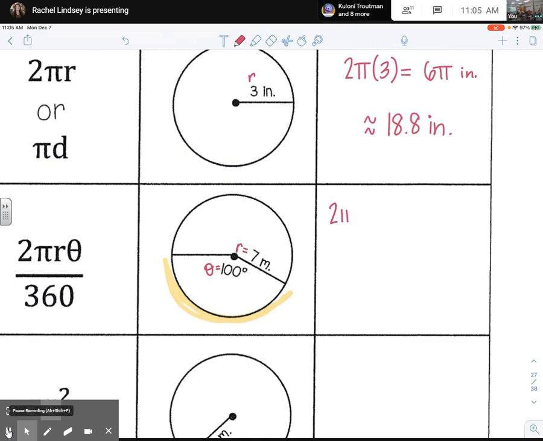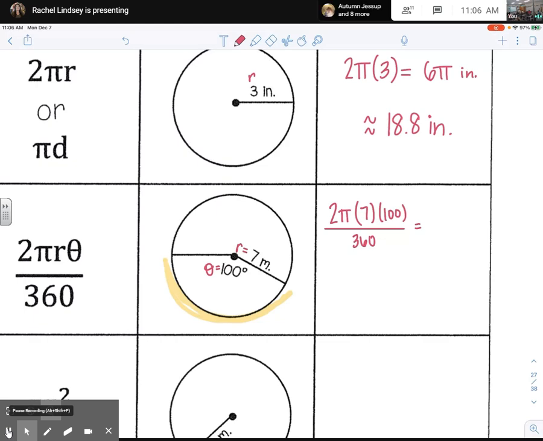So I'm just going to plug those in. Keep 2, keep pi, and then r is going to be 7. Theta is going to be 100. And I keep the 360 on the bottom. Then I plug that straight into the calculator. I've used the fraction key, so I'd have 2 pi times 7 times 100 all over 360.